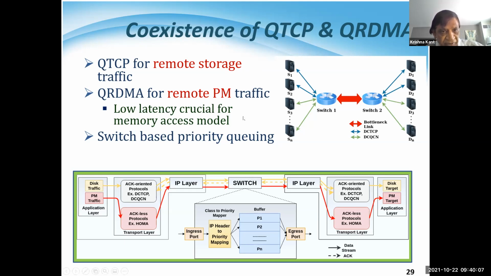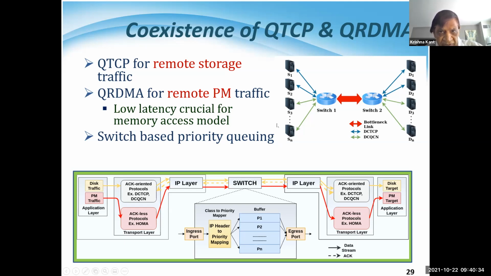So what people are trying to do is talk about having a remote persistent memory. So you have gobs of memory located in one server, and then different hosts can share it. So again, you are going over the network. And now, since this is a memory model, you better provide a really, really good latency. Otherwise, it's not going to be very useful.